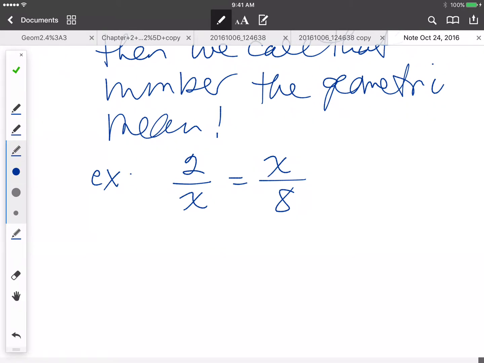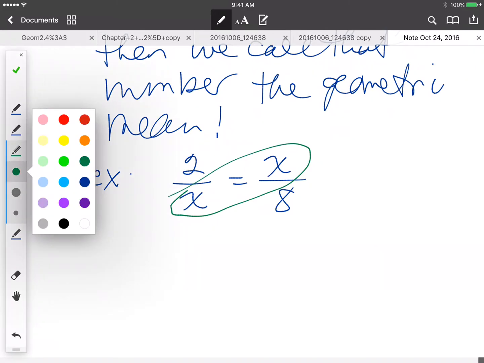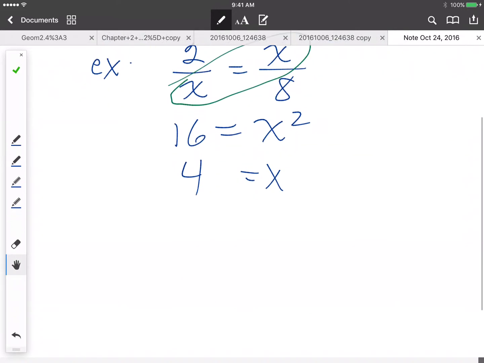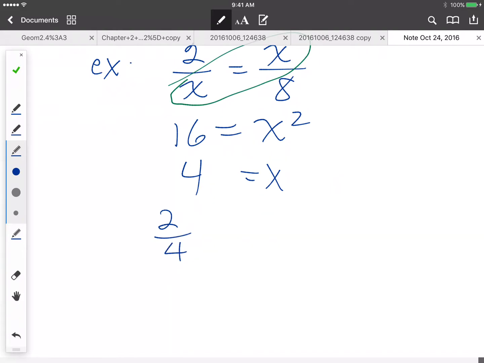And so here we have again the means are the same number. When we go to the next line, we end up with 16 is equal to x squared. x ends up being 4. And therefore 2 relates to 4 the same way that 4 relates to 8.